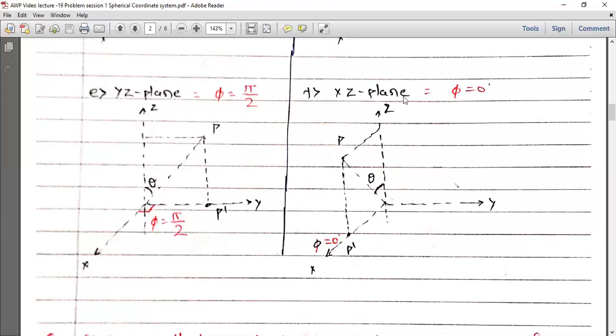But if point P lies on the back side of the Z axis, such that X is always negative, then the projection of point P will always be on the negative X axis. For the first case, as you can see here, OP dash and the positive X axis are collinear, and that's why the angle between them is 0, and the phi coordinate can be surely asserted as 0.